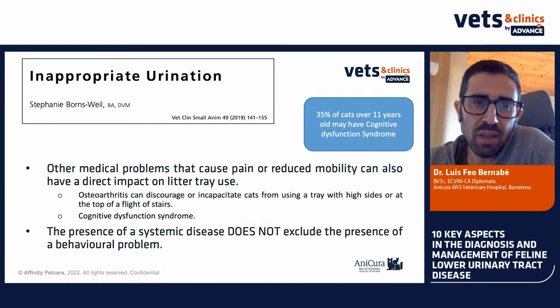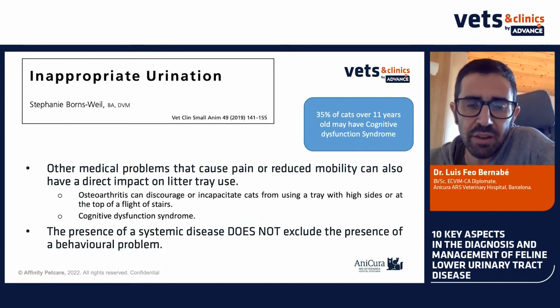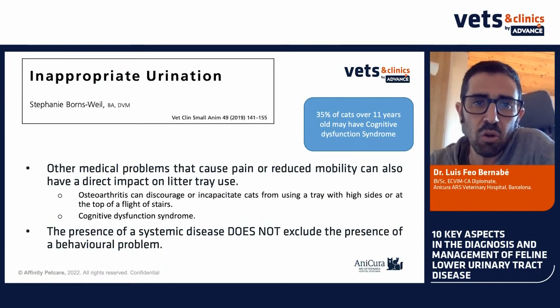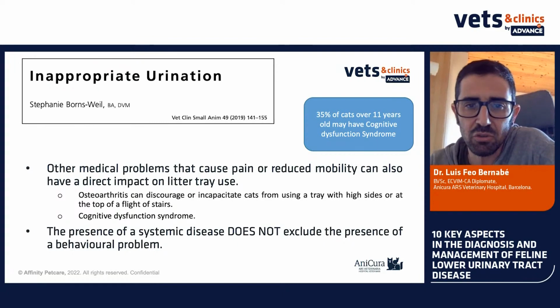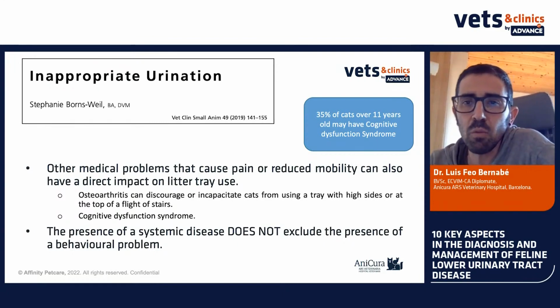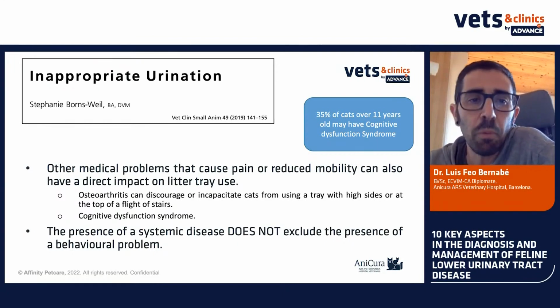Another important thing when we have a patient that is urinating outside the litter tray is that other medical conditions that cause pain or reduce mobility can also have a direct impact on litter tray use. And probably we need to think of a group of diseases.